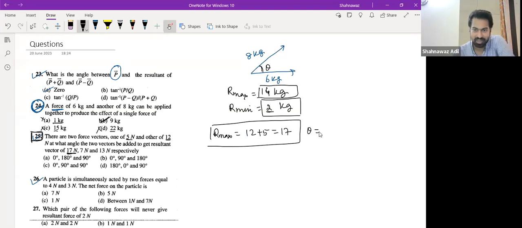Are you confident? Theta is equal to 0 degree. Okay, theta equals 0. So Akib, is that correct? Theta equals 0 degree. What is the angle when R is R max?